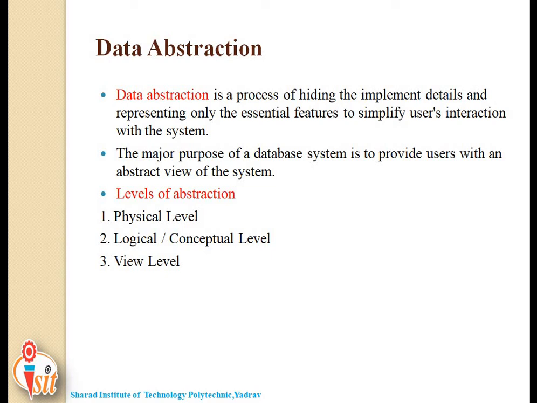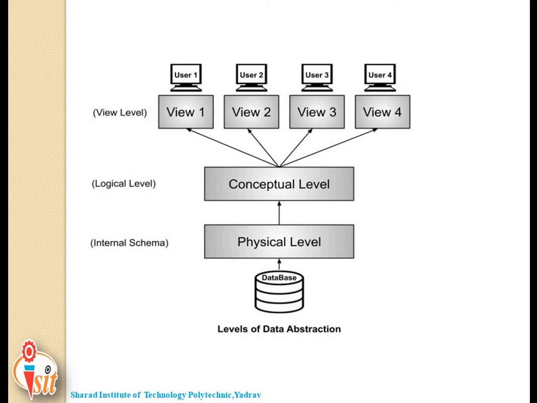To simplify users' interaction with the system, the complexity is hidden from the database users through several levels of abstraction. And these levels are here. First one is the physical level, second one is the logical, also called the conceptual level, and the last one is the view level.